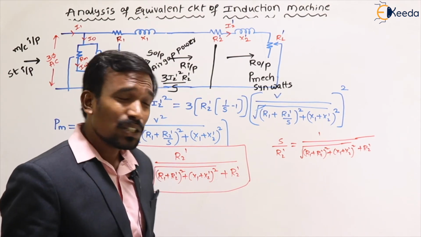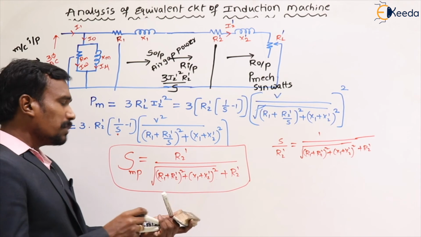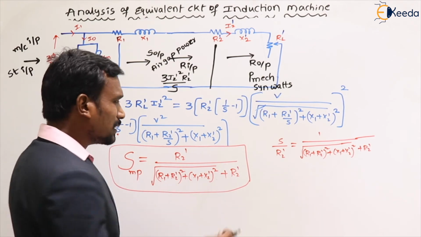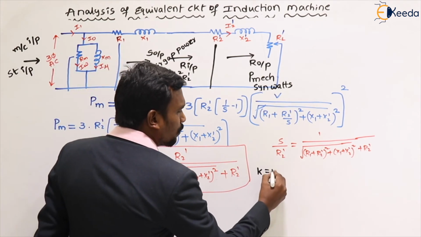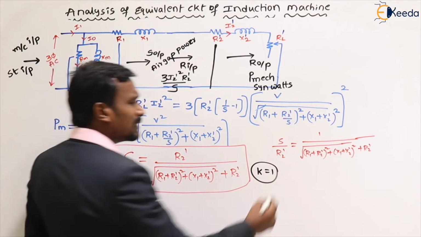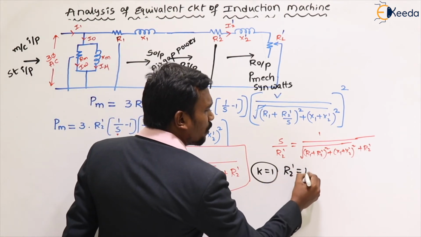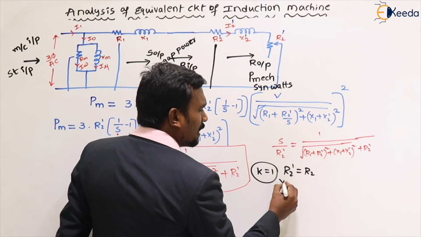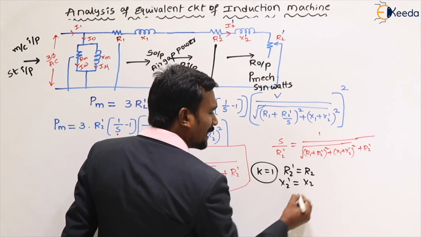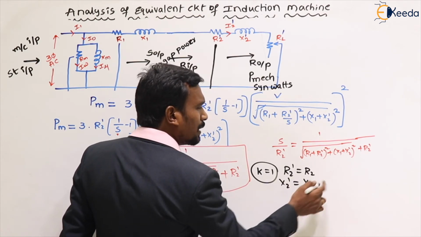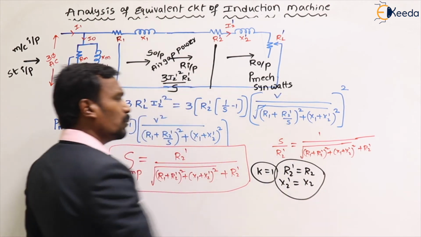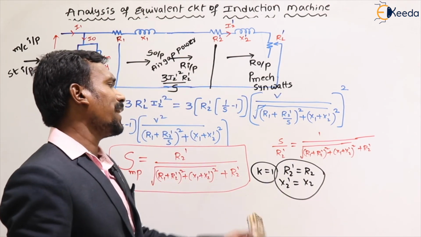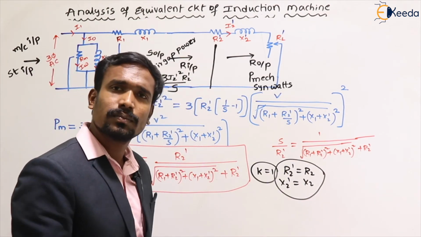Now how can we simplify this? If k is equal to 1, R2 dash is equal to R2 by k square and X2 dash is equal to X2 by k square, which is just 1. So R2 dash is equal to R2 and X2 dash is equal to X2.